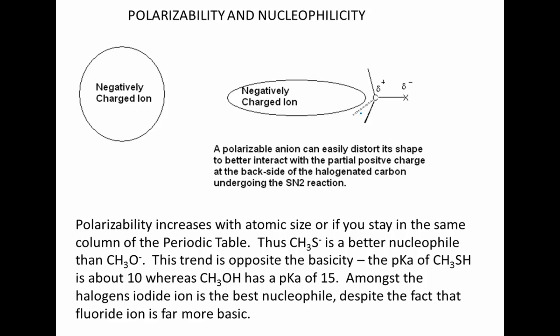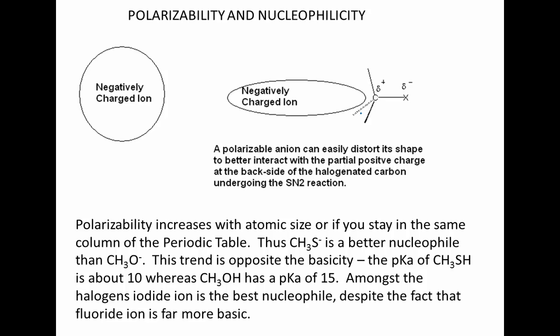I always like to say that you can think of a fluoride anion as being like a golf ball, and an iodide anion as being like a water balloon in its ability to change its shape to adapt to the environment. Because it can do this, of course, it has an easier time going out to meet the positive charge and making this bond to the partially positive carbon.